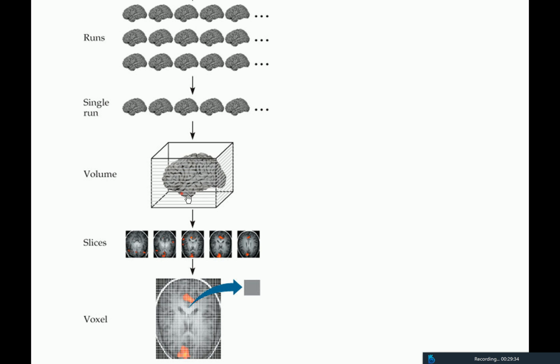These volumes are typically acquired not as really 3D volumes, but as a series of slices. So this is where these slices come from. So the 3D object here, the brain, is represented by, let's say, 30 or so 2D images, which are these slices.